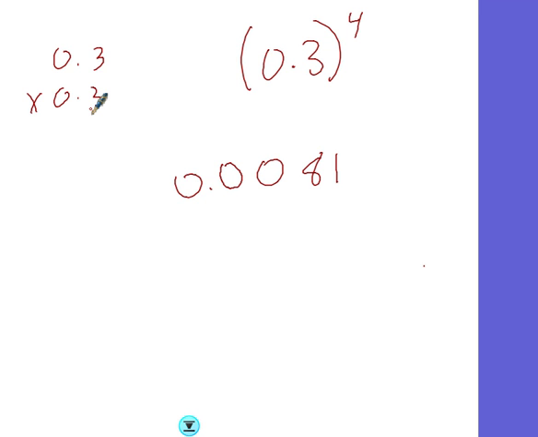Not to confuse anybody. All right, let's take a look at a fraction. 1/2 to the 5th power. How do we do that?